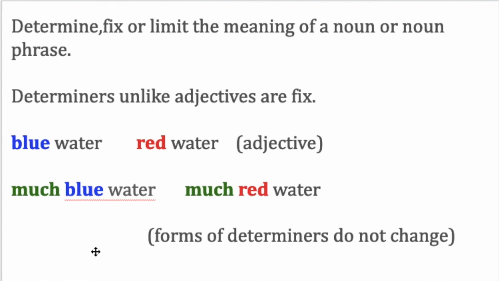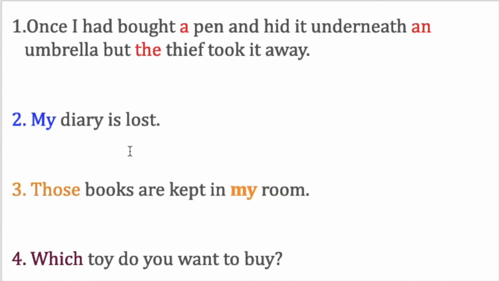So, what do we mean by fixing and limiting? It means it helps you to understand the name you're talking about in a sentence. It helps you to refer to that noun you're talking about in a sentence. For example, if somebody says my diary is lost, it means the person is talking about his diary, not anybody else's diary.